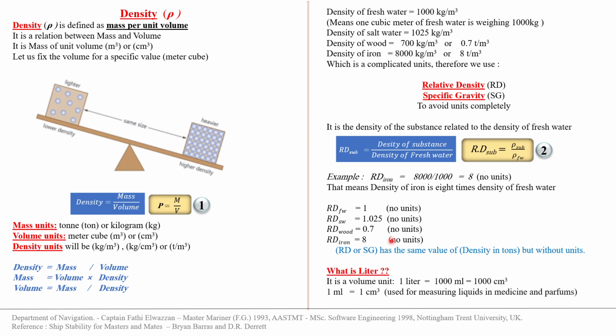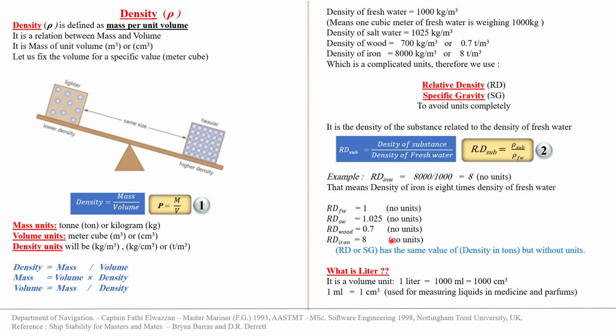We complete the session now, but only one item remaining. Liter is a volume unit, and 1 liter equals 1000 milliliter, or you can say 1000 centimeter cube. This is 1 liter.